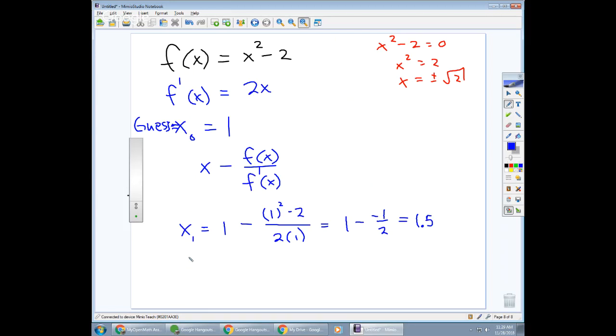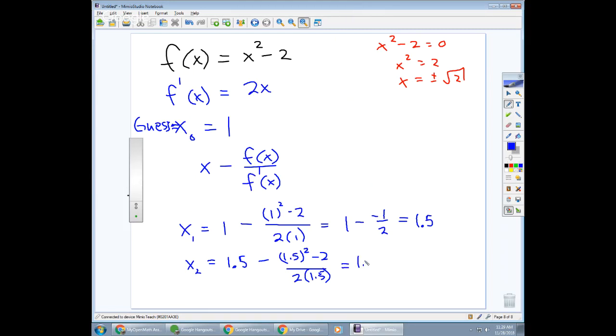And then guess what we do next? We just keep repeating this process. So the next one's going to be 1.5 minus the function evaluated at 1.5, so 1.5 squared minus 2 over 2 times 1.5. You just do this over and over again. This is a good application for a spreadsheet. I'm going to whip out a spreadsheet in a minute.